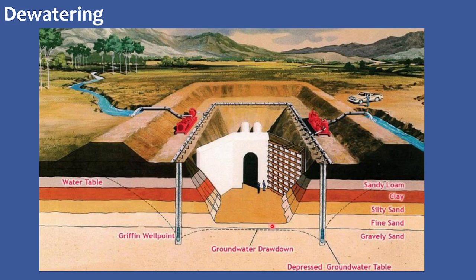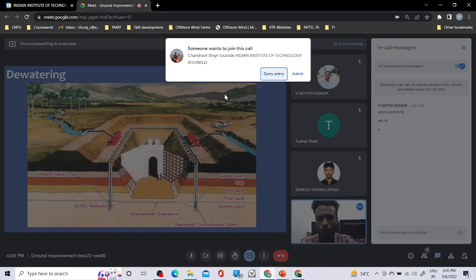So what we are doing is lowering the groundwater table with this dewatering technique, where we apply pumps which create a height difference and lower the groundwater table. With these well points we remove the water and transfer it to nearby water bodies, and it further helps in better feasibility of the construction practices.